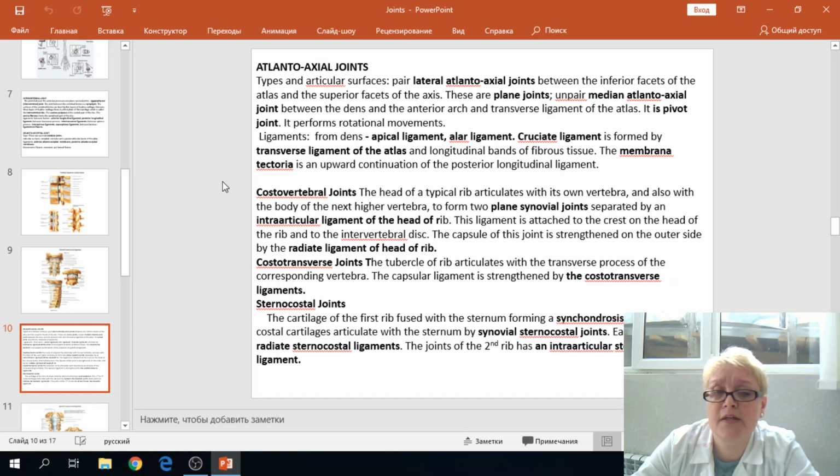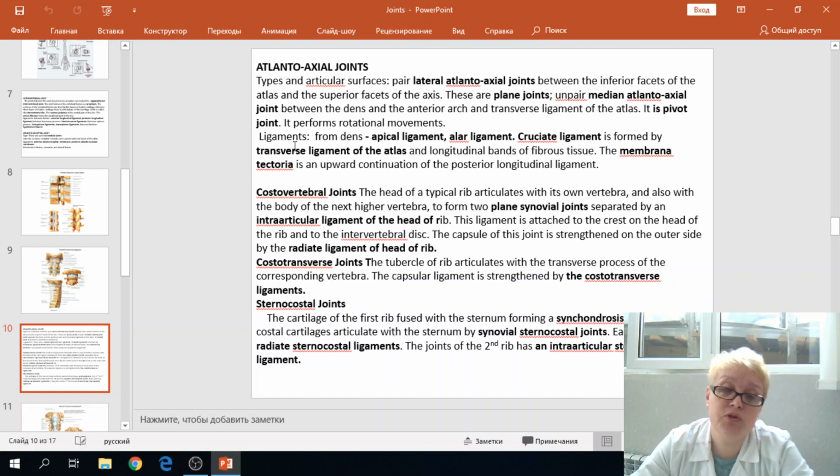And the type of this joint is a synovial pivot joint, which gives rotatory movements. So it means the movement like this, to the right and to the left side.